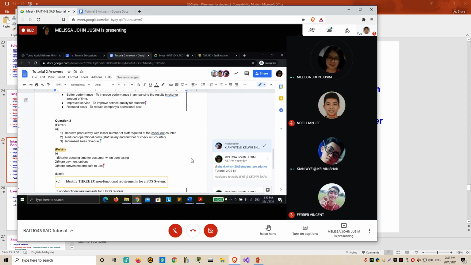And then next, more payment options for customers. Can you give an example? Nowadays, what is getting more popular because of COVID-19? Online? No, this is a supermarket.